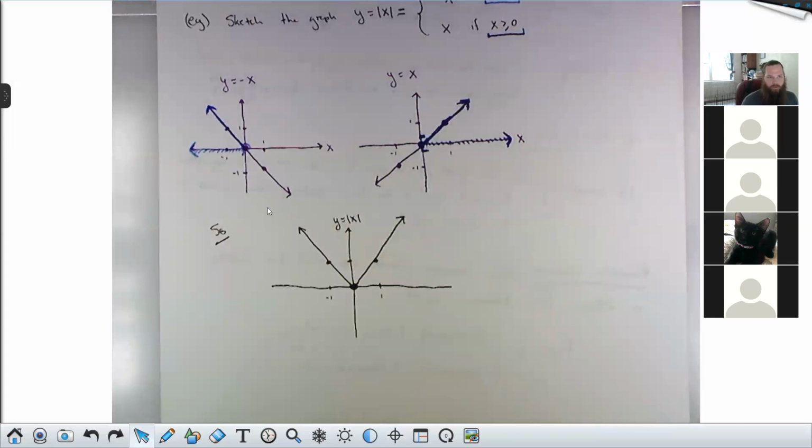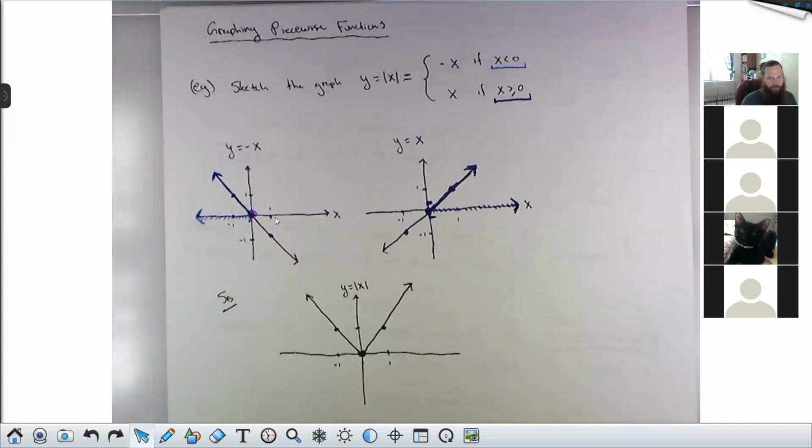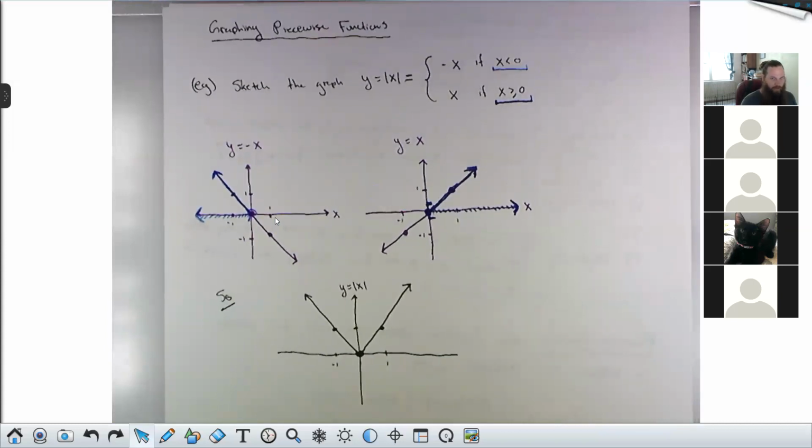All right, nothing too crazy. Let's get a little practice with something slightly more complicated, and then I'm going to show you one really weird piecewise function. But first, I just want to make sure that we're genuinely comfortable with this procedure.